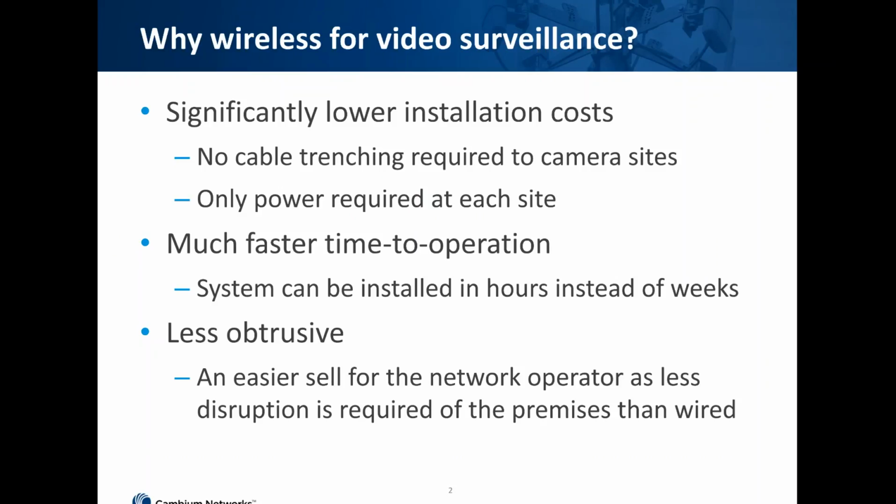If you have to dig across roads or other public or private property, sometimes it's not possible at all, and it really costs a hell of a lot more than a wireless connection, and also really restricts the speed with which you can deploy the system.